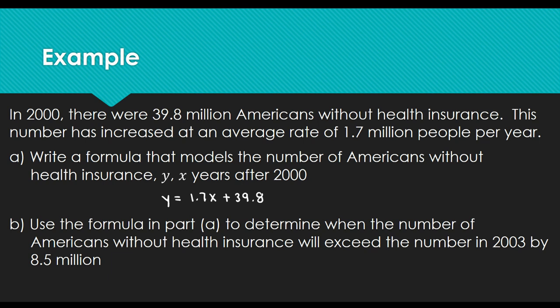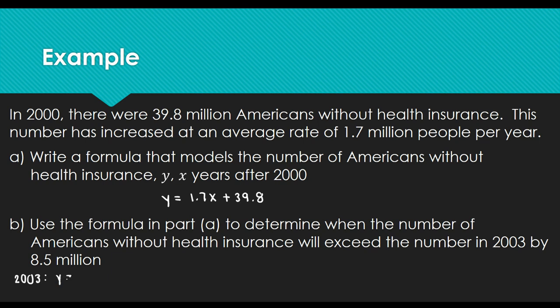Okay, so if we're talking about exceeding the number in 2003, we first need to know, well, how many had no health insurance in 2003? So hopefully we're okay with the fact that to go from 2000 to 2003, that's a 3-year time span, okay? And X is representing the number of years. So that's what I want to figure out first. I want to figure out in 2003, what's that number of Americans without health insurance?